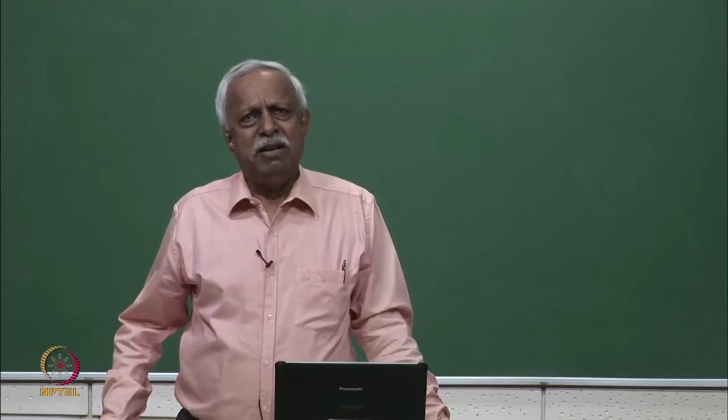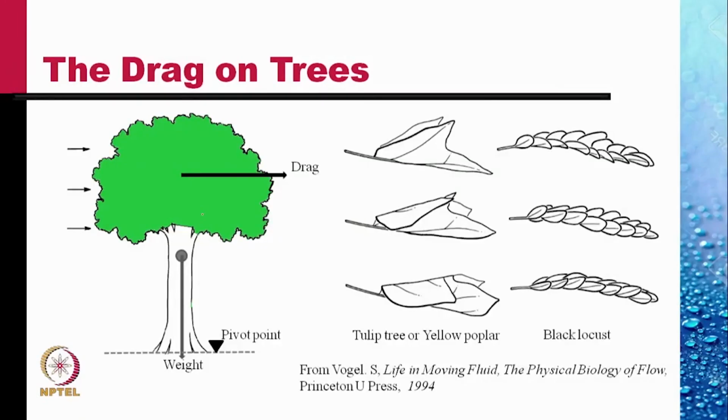The black locust leaves, as the wind blows, close up, offering lesser resistance. This also has been taken from the book of Vogel, Life in a Moving Fluid. The book contains a lot of other examples of how moving fluids affect the life of organisms living in water.